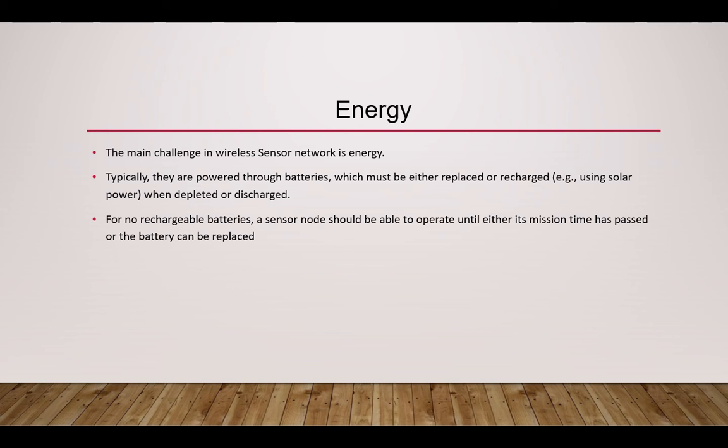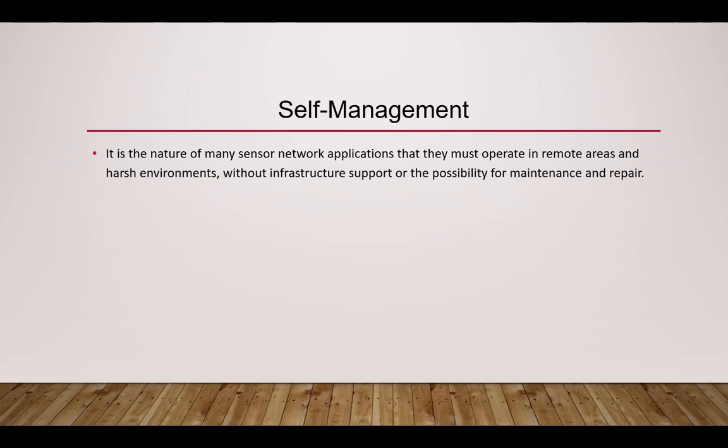The constraint most often associated with sensor network design is that sensor nodes operate with a limited energy budget. Typically, they are powered through batteries, which must be either replaced or recharged when discharged. Self-management.